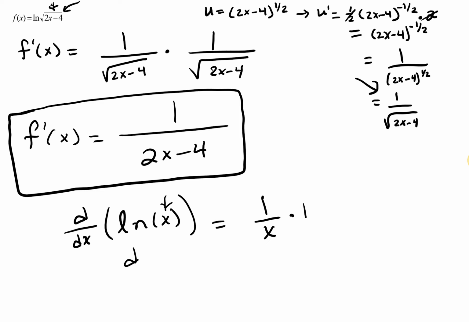Sometimes they may say d/du of the natural log of u, and they'll say it's 1 over u times u prime. So this is probably more appropriate here instead of using x. But again, another play on the chain rule.